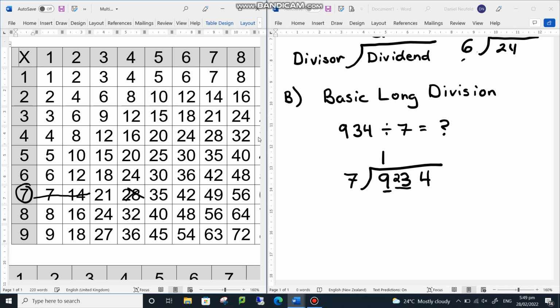Like 28 is too big. So the answer is 21. Now 21 means the 7 went in 3 times, so that's the answer on the top, the 3. And then we think, okay, well that's 21. I've got 23, so when I take that away, the remainder is another 2.